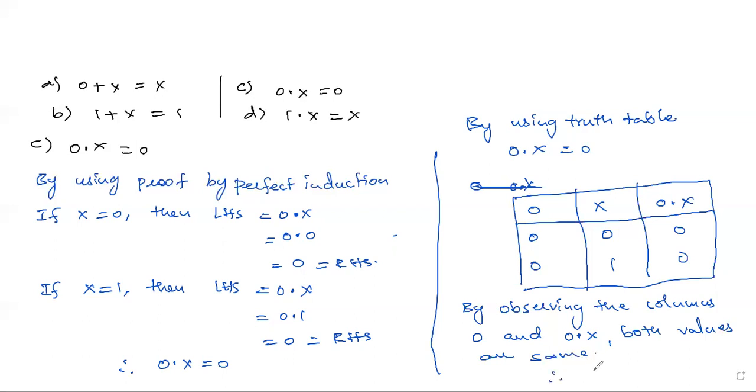So therefore 0 and x will be 0. The other one we have is 1 and x is x.